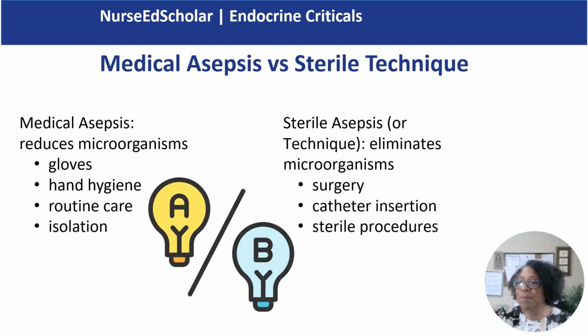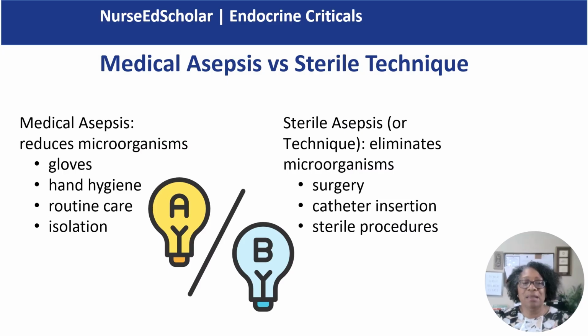Let's talk about medical asepsis and sterile technique, because this is tested a lot and students mix it up. Medical asepsis means reducing the microorganisms in the environment, not eliminating them completely. Examples are wearing gloves, hand hygiene, routine cleaning of the environment, and isolation precautions.